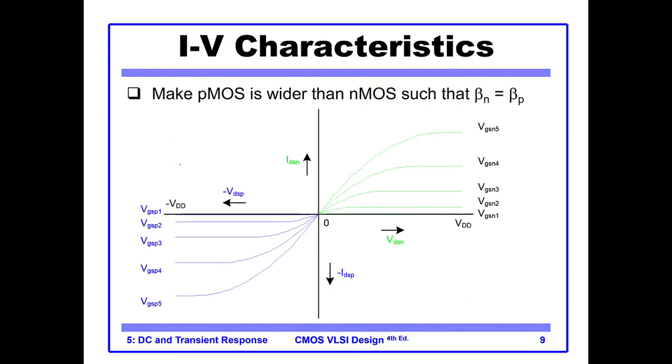Now if we plot the input output characteristic, this is our NMOS characteristic and this is our PMOS characteristic. Remember that I told you that the current value is negative, and that's why all the currents are negative for the PMOS. The betas are basically the gains of the transistors, beta n for NMOS and beta p for PMOS.